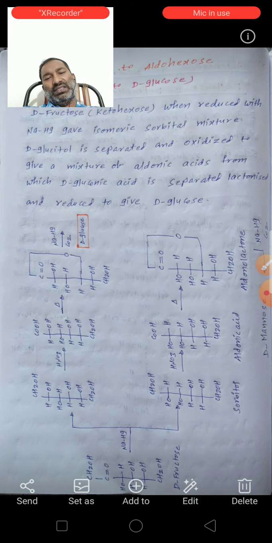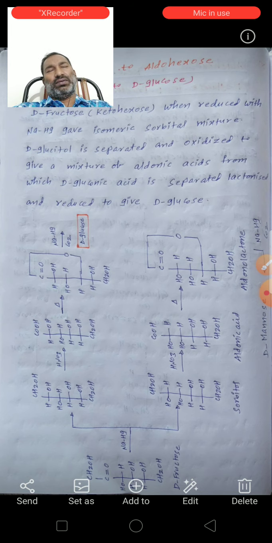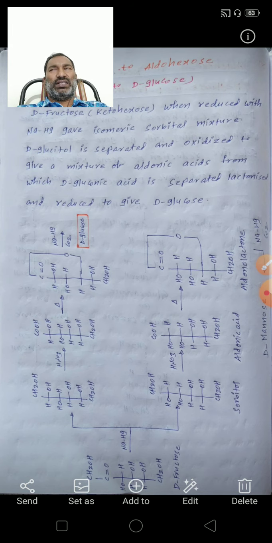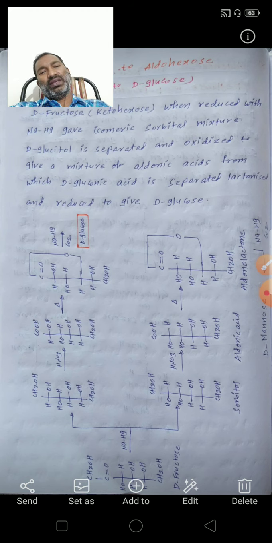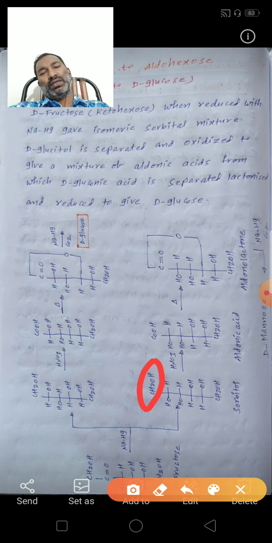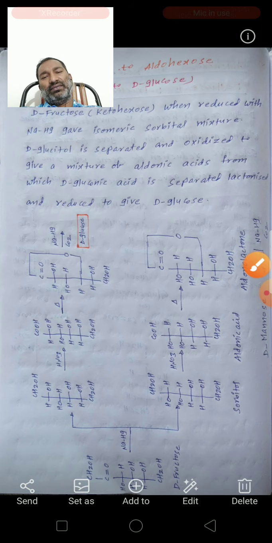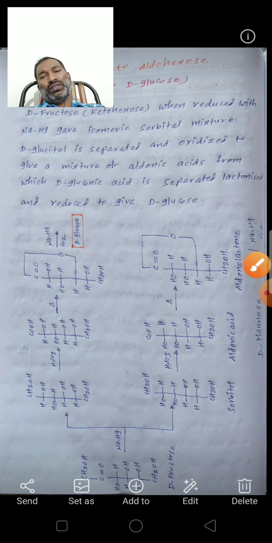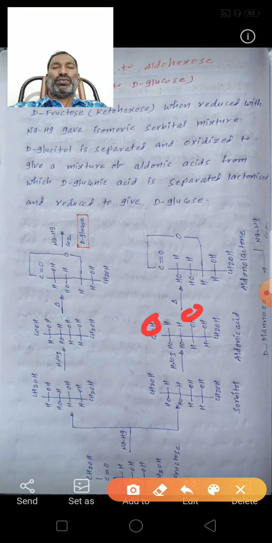See the same with the below sorbitol mixture. On oxidation with concentrated HNO3, a strong oxidizing agent, the CH2OH primary alcohol functional group converts to the COOH acid functional group. On heating, the OH and the fourth carbon H are removed as a water molecule.